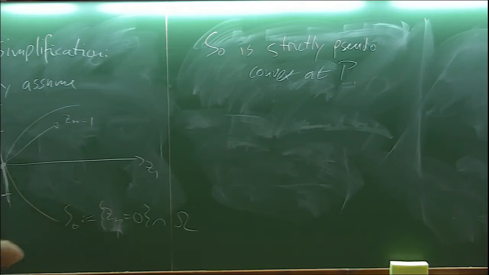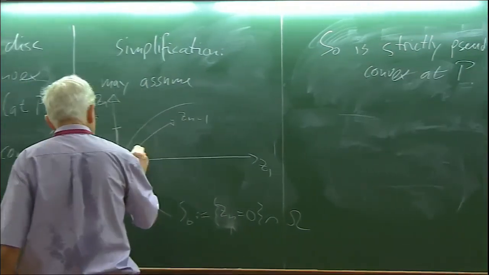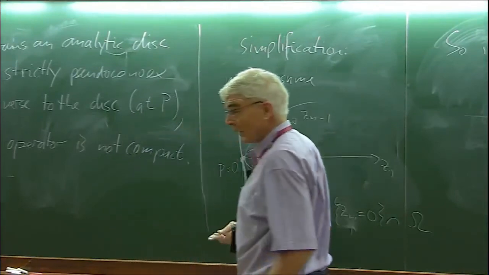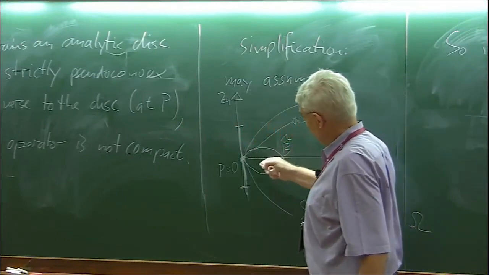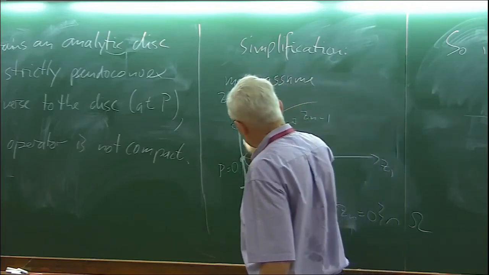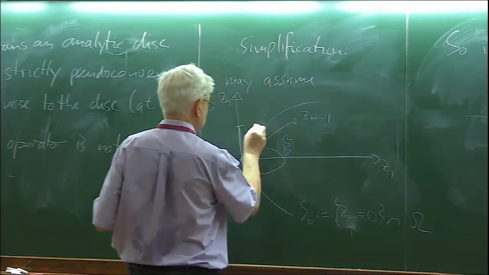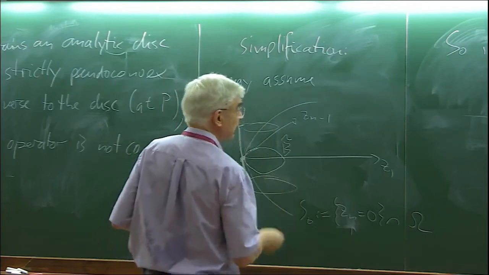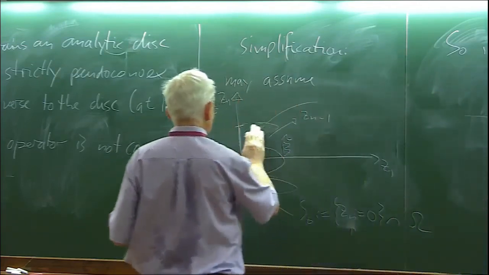Now, because the real normal is also constant along this disk, I can take a small ball here, let me call it B tilde, which has its center on the real normal, continued inside, so that I can slide this along the disk and stay inside of omega. In other words, maybe not all the way.